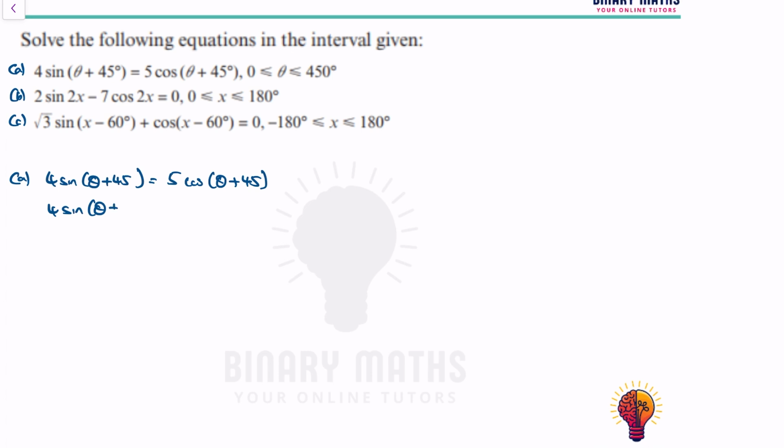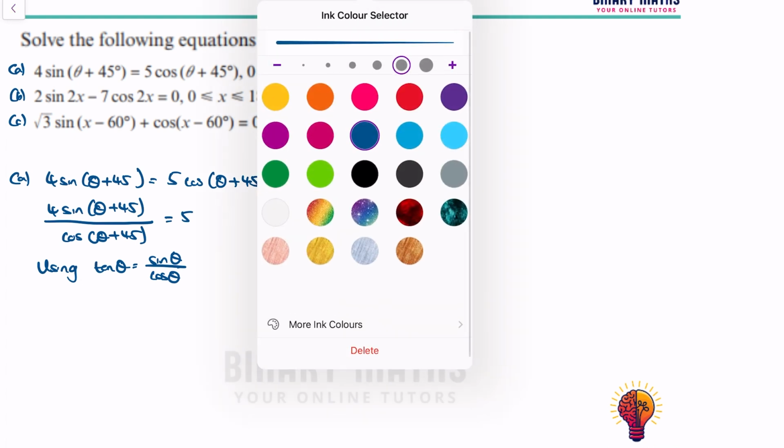So if I divide by cos of theta plus 45 on both sides, I get 4 sine of theta plus 45 over cos of theta plus 45 is equal to 5. And using tan theta is equal to sine theta over cos theta, the input has changed consistently for sine and cos.